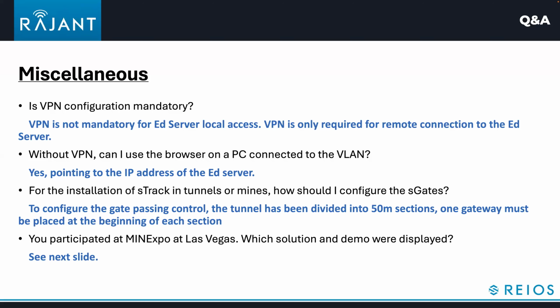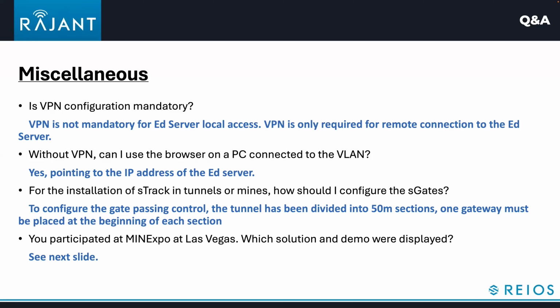The S-gate is useful to calculate exactly the position, as we discussed today, but it's also possible to create a virtual gate. In a tunnel, for instance, we can divide the section and understand if someone is crossing this section. And so we can place one person between two different virtual gateways.